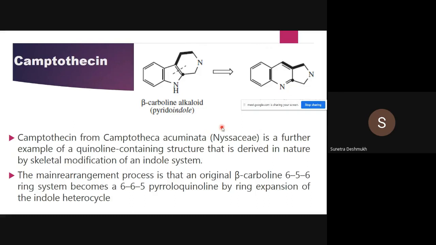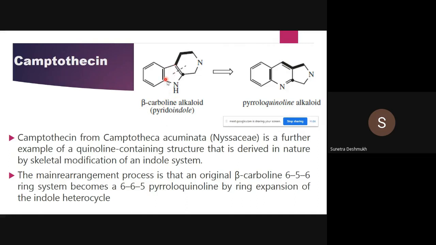Next alkaloid, we can see camptothecin. Synthesis of camptothecin: here are slight changes we are going to make. The basic tryptophan moiety in which we used to see the indole nucleus is present. Now this indole nucleus, the beta-carboline alkaloid, is changing from this orientation.